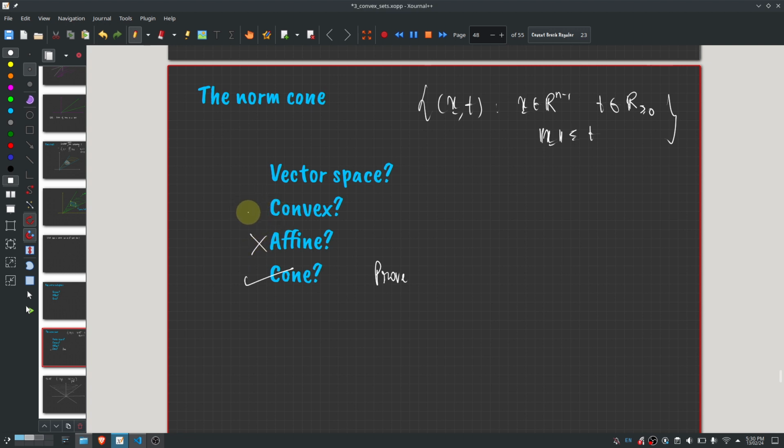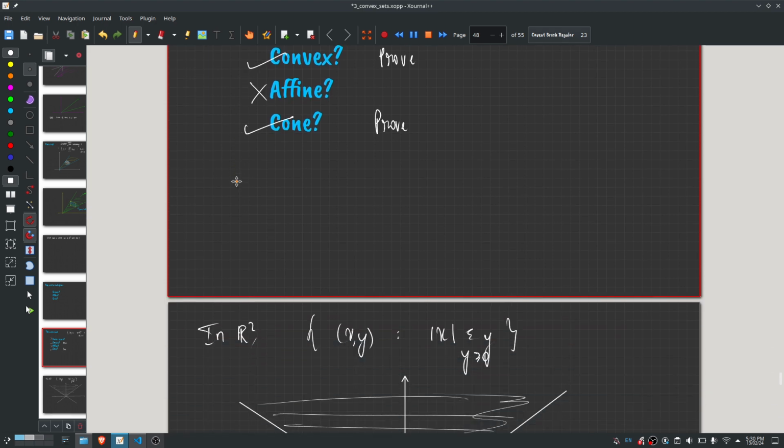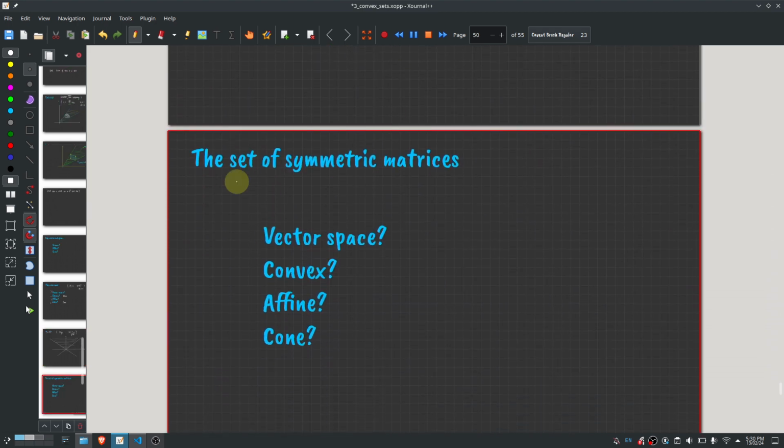Is it convex? It is convex. Again, prove this. Is it a vector space? Obviously no, right? If it's not affine, then it can never be a vector space. Okay, so I'll leave this as an exercise.